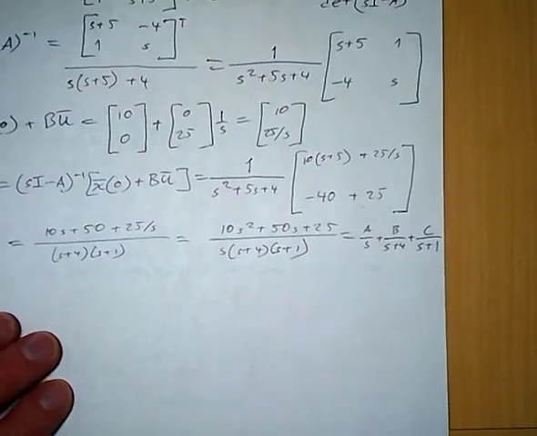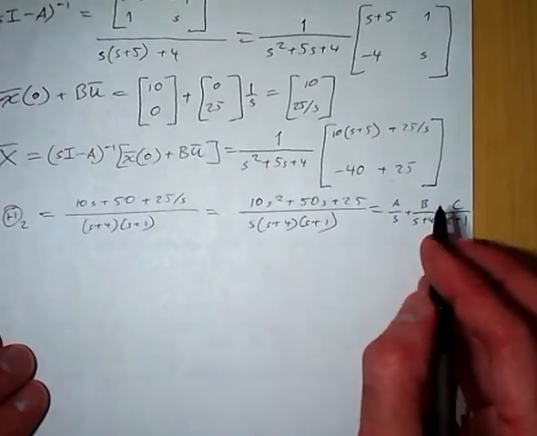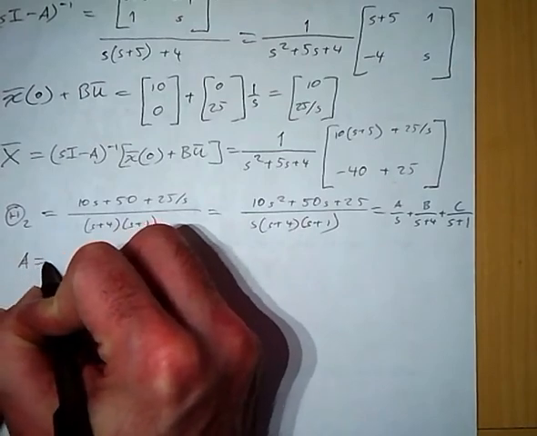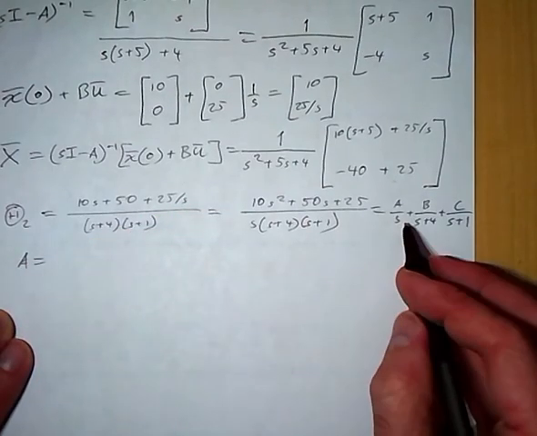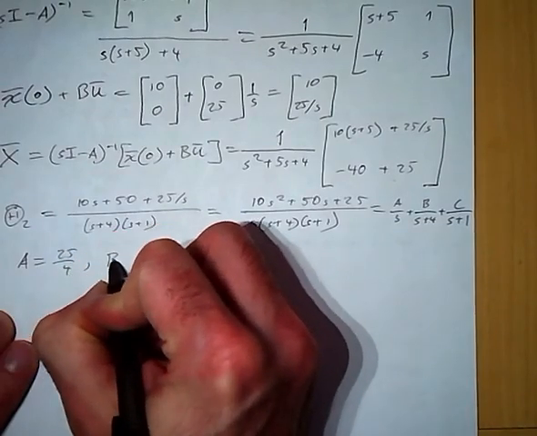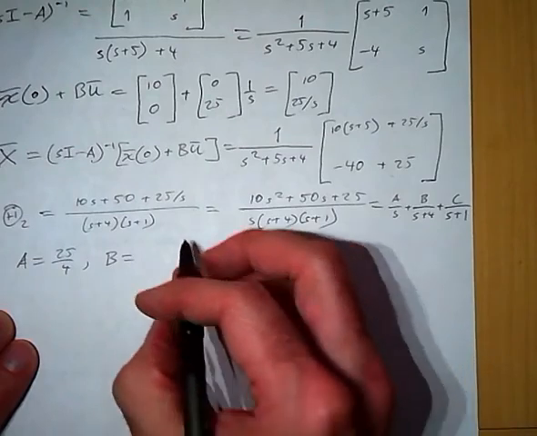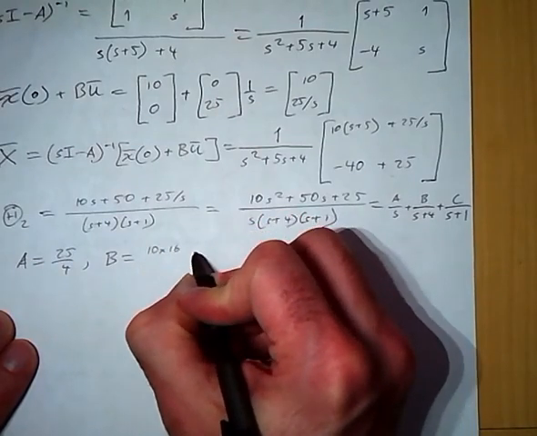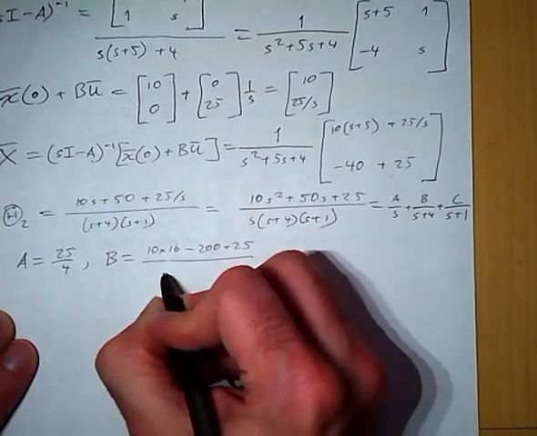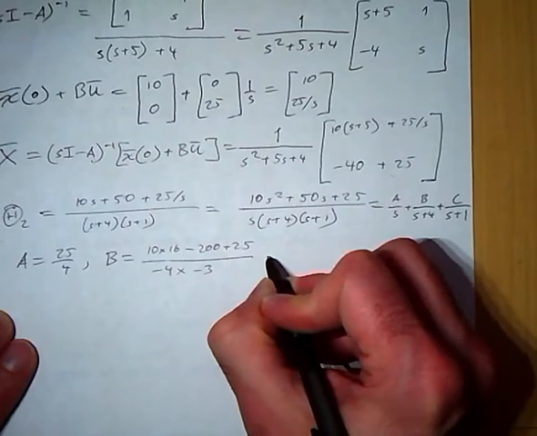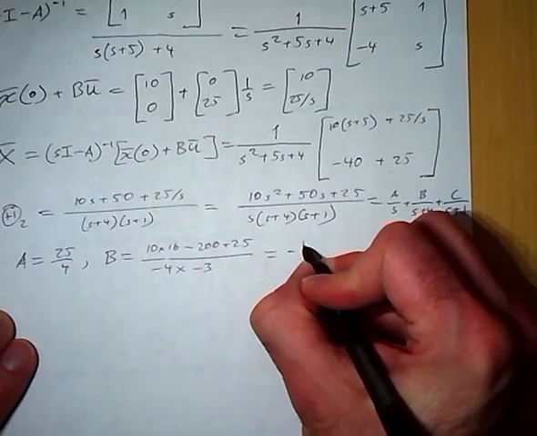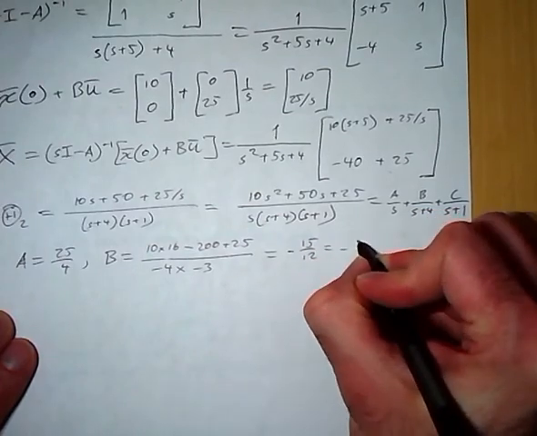So now it remains to calculate A, B, and C so that we can get the inverse Laplace transform. So A is equal to 25 over 4. B is, we're going to plug in negative 4, so we have 10 times 16 minus 200 plus 25, and that's all over negative 4 times negative 3, and that is equal to negative 15 over 12, which is negative 5 over 4.